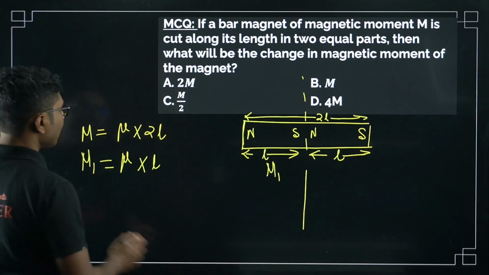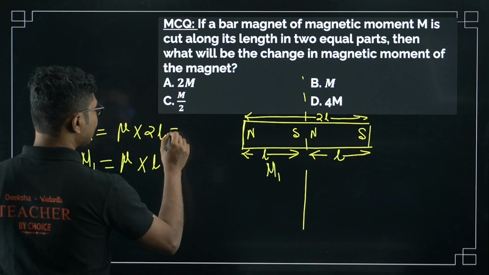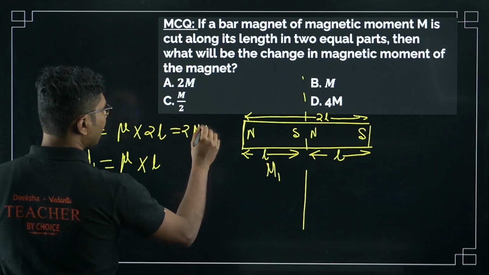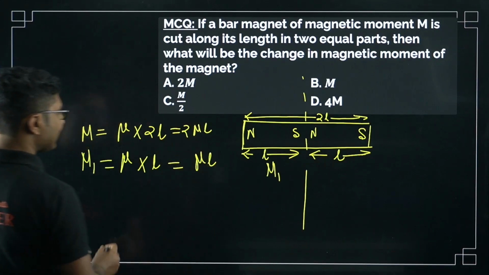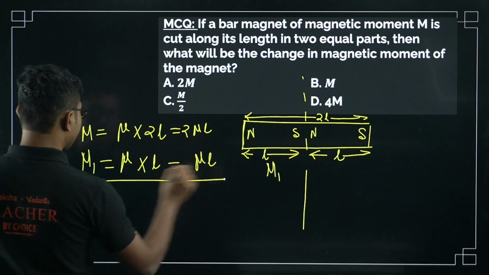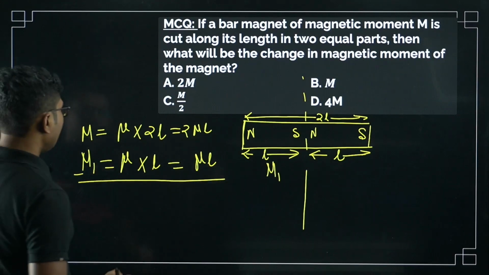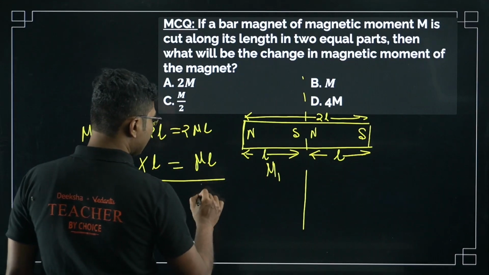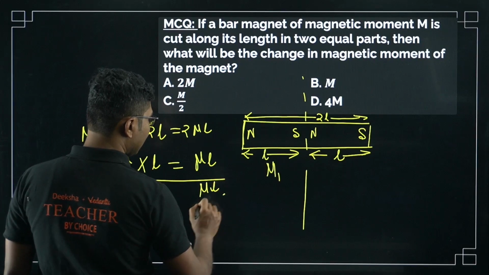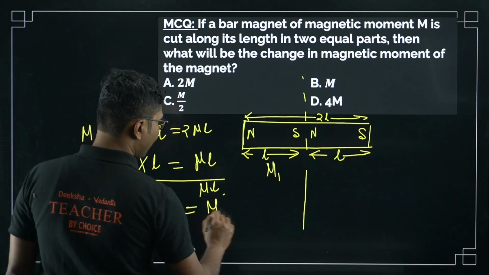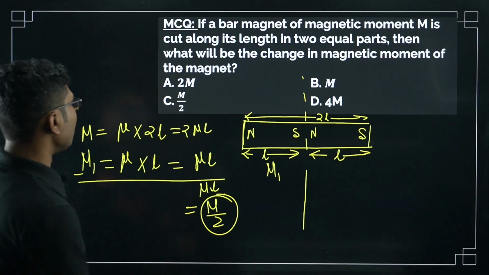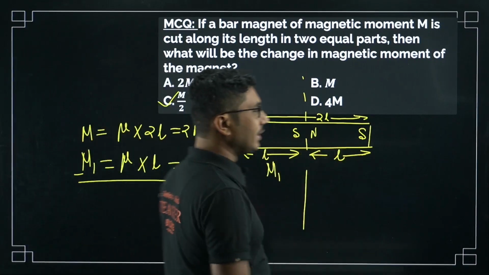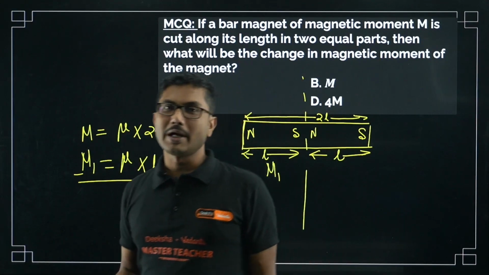So initially it was 2 mu L. Now it is only mu L. What is the change? Change is basically 2 mu L minus mu L, that is mu L. That is basically capital M by 2. So the change in the magnetic moment is basically M by 2. So both of them have reduced by a quantity of M by 2.